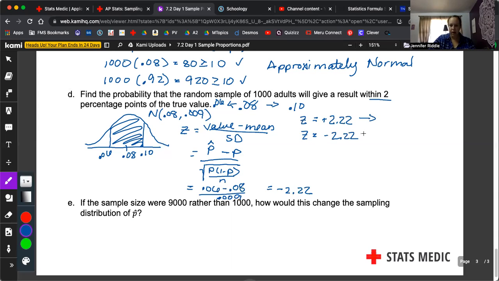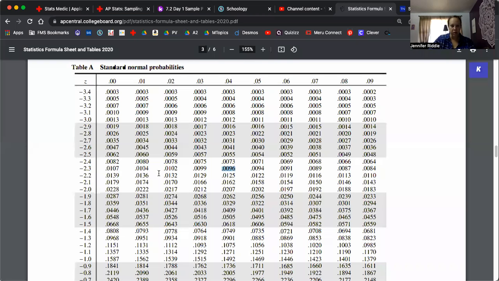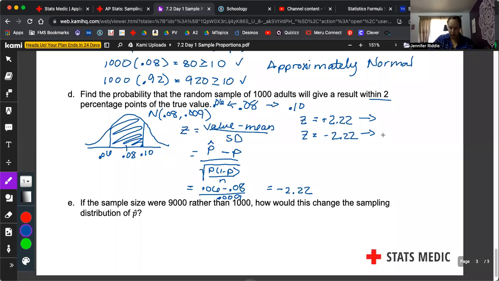Going to table A, I'm going to go to negative 2.22, and I get 0.0132. So 0.0132 is the probability of this area here. For my upper area, when I go back to table A, I should get 0.9868.